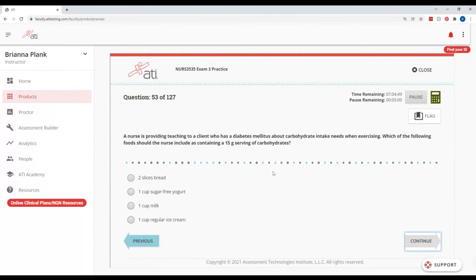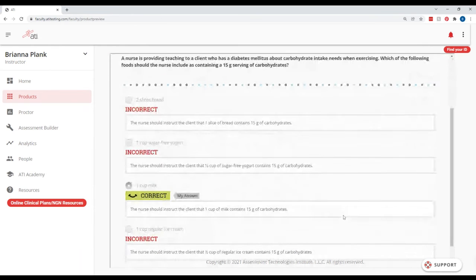Okay, carbohydrate intake needs when exercising. Which of the following is a 15-gram serving of carbohydrates? Exactly. So a cup of milk.